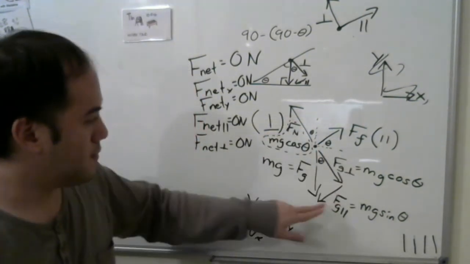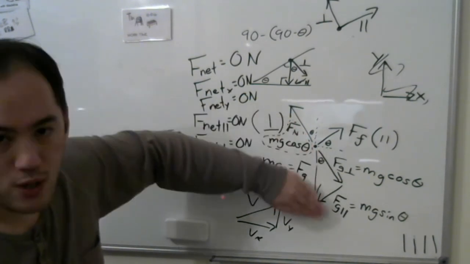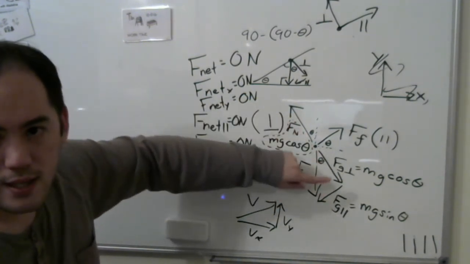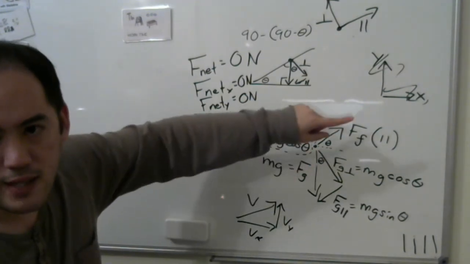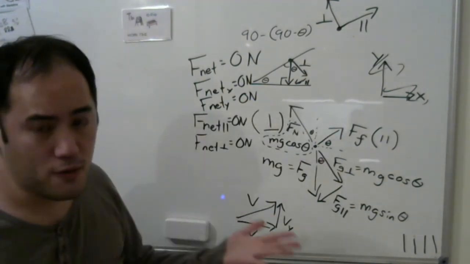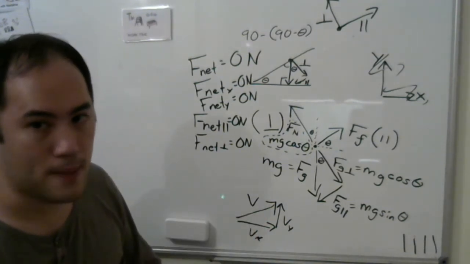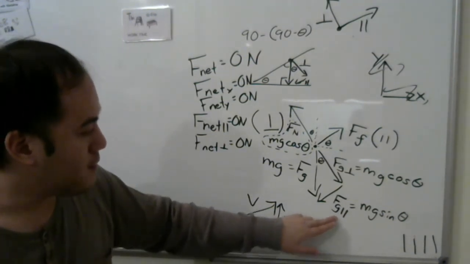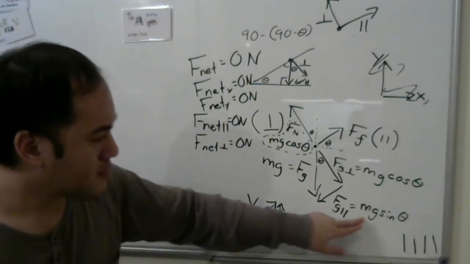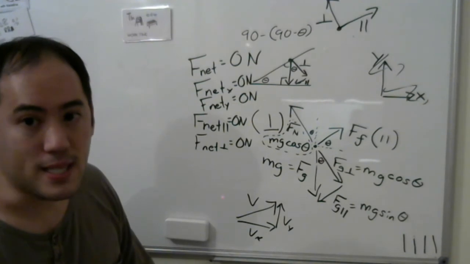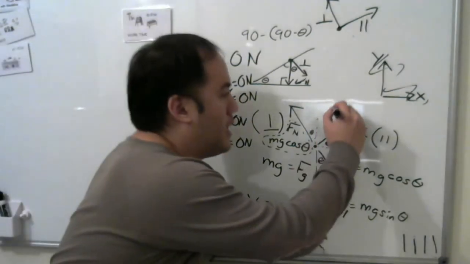Look at Ff. I didn't draw it in the right place because I resolved the vector. But Fg parallel is down the ramp, Ff is up the ramp. There's no other forces parallel to the ramp. So if Fg parallel is mg sine theta down the ramp, Ff must be exactly mg sine theta.